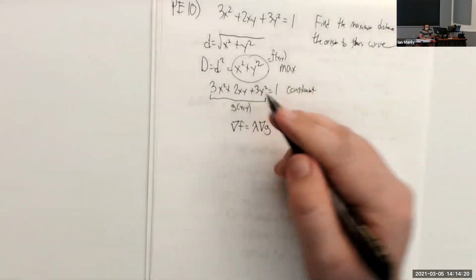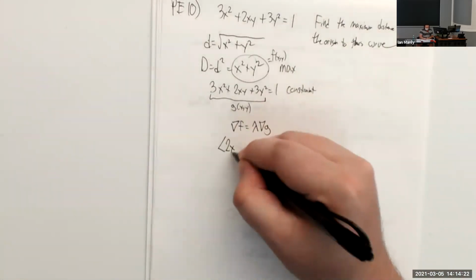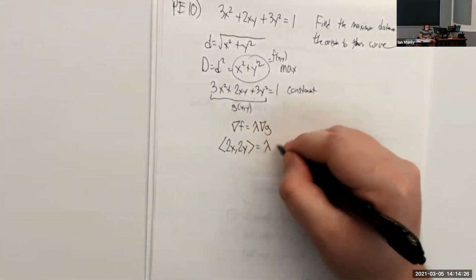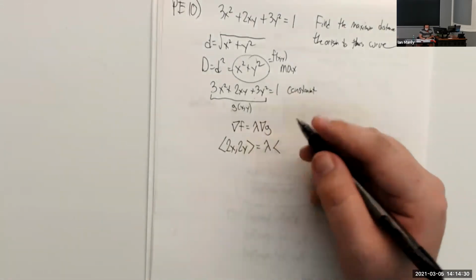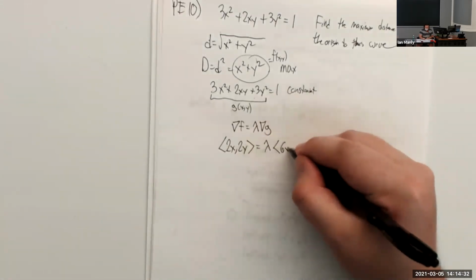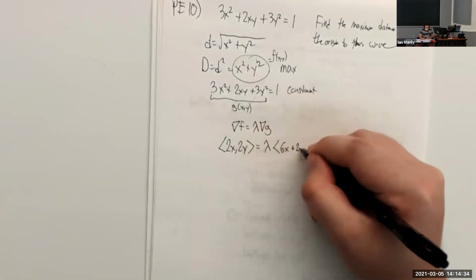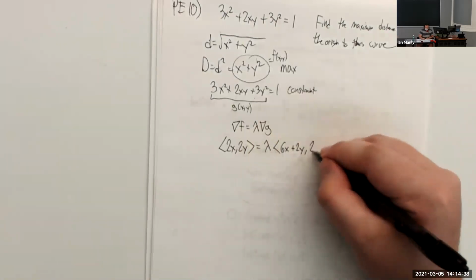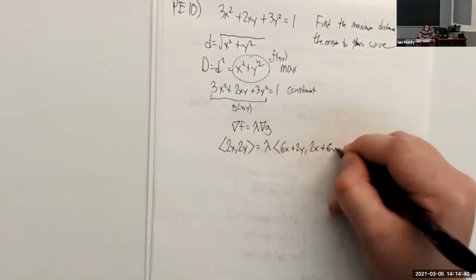All right, so what's the gradient of f? Well, we have 2x and 2y for that. And then we have lambda, and then we have the gradient of g, which it's going to be 6x plus 2y. And then the y derivative of this will be 2x plus 6y here.